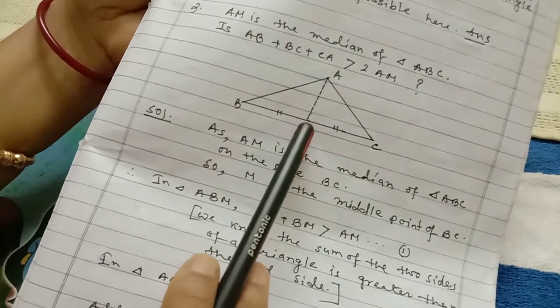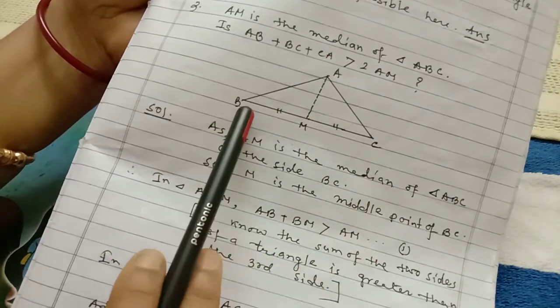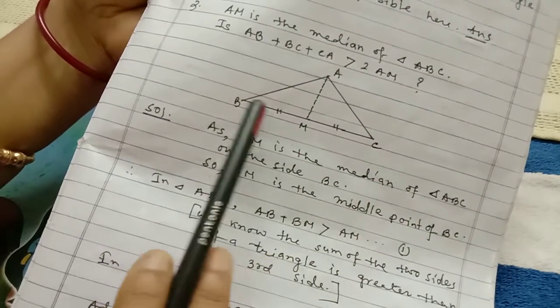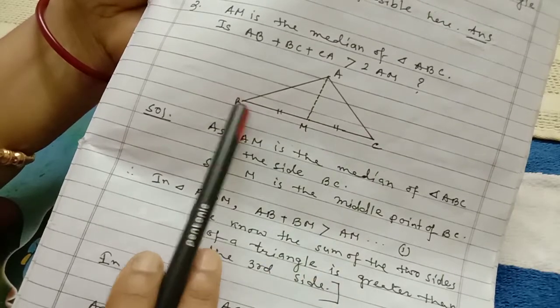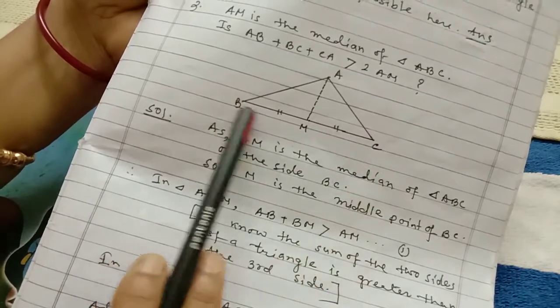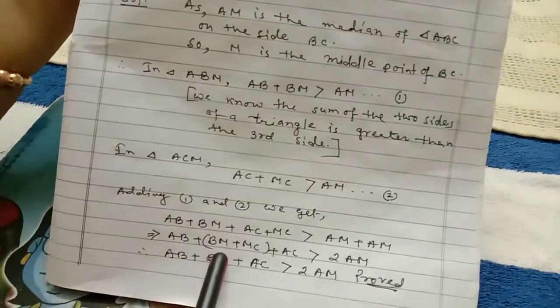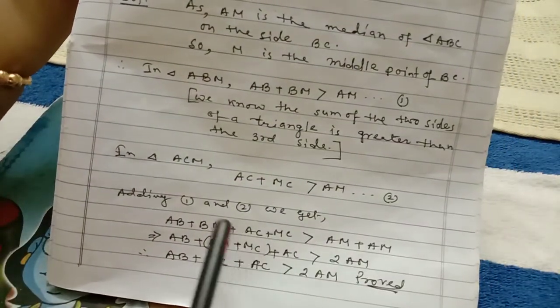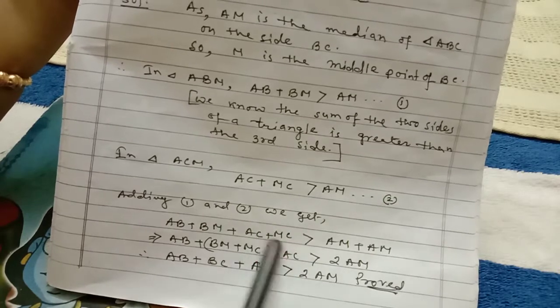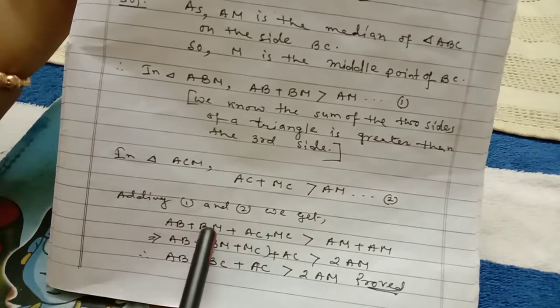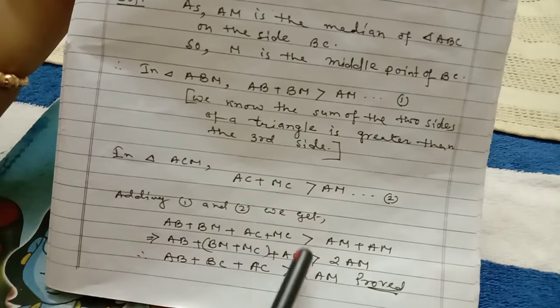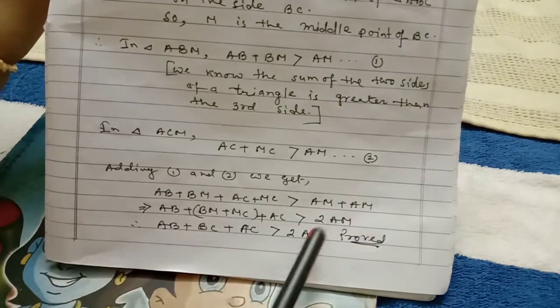Purposely I am taking them together because the sum of BM and MC becomes BC. That is why I have taken them together. Then AB plus BM plus MC plus AC is greater than AM plus AM, which means 2AM.